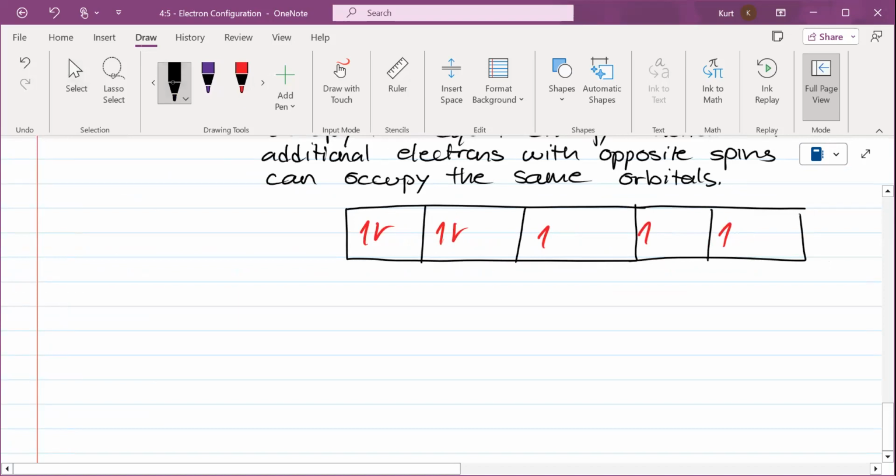All right, now, electron arrangement. After this, we'll start to get some practice in.